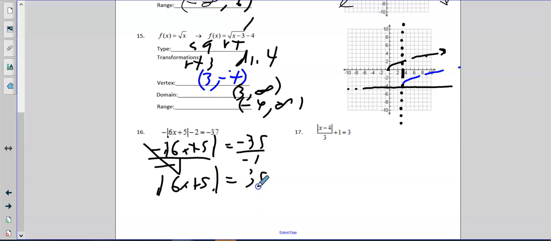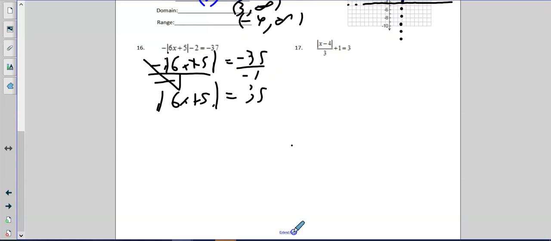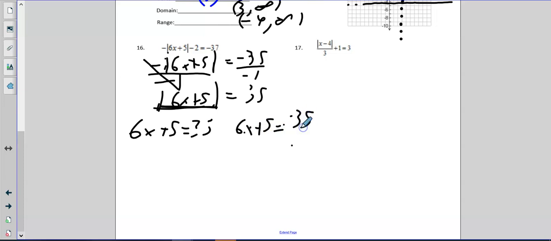equals 35. Now, at this point, now that this is by itself, we can write it twice, bust it out, and make it equal to 35, and equal to negative 35. So we're going to subtract 5 and get 6x equals 30.